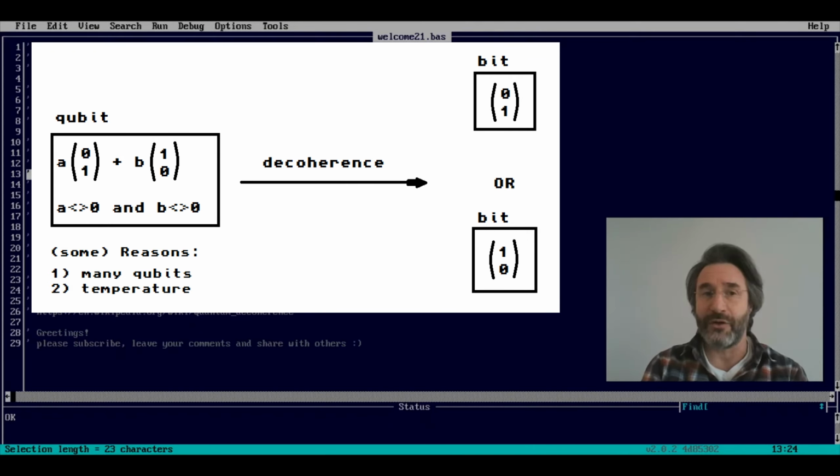So if you measure, you will have either a 0 or a 1 with a probability that is close to 100%. So in practice, time and decoherence has destroyed the superposition of states that you had in the original qubit, or in the original information that you were storing in the qubit.